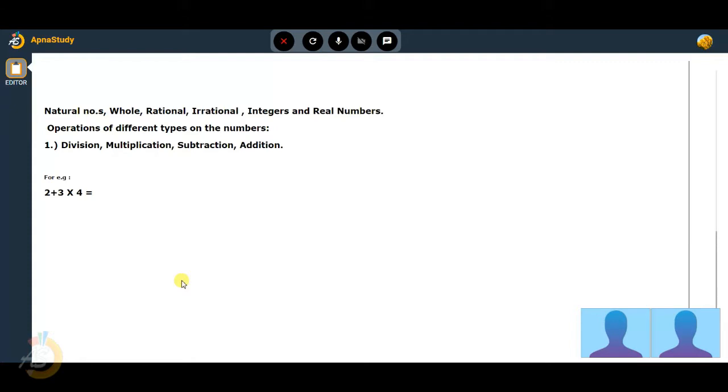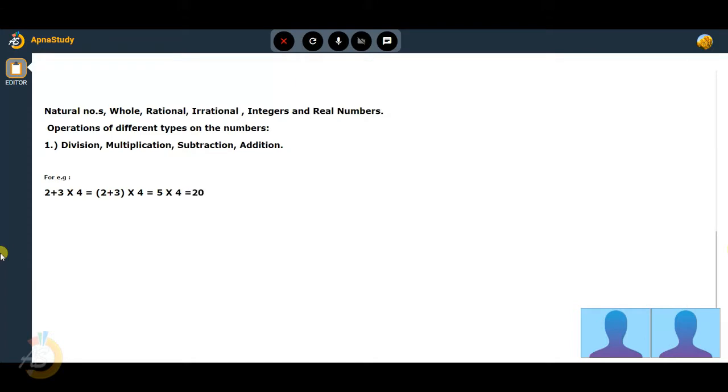What a layman would do is perform the addition first, 2 plus 3, because he thinks the plus is coming before multiplication. So 2 plus 3 comes out to be 5, and then we multiply 5 with 4. So the answer comes out to be 20.